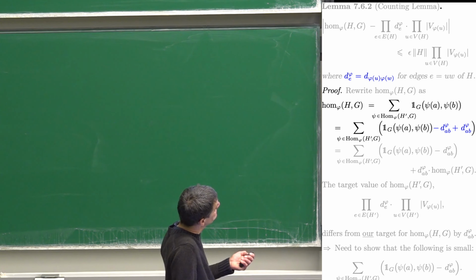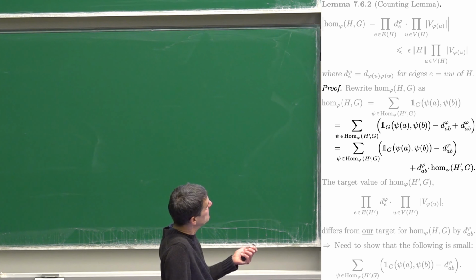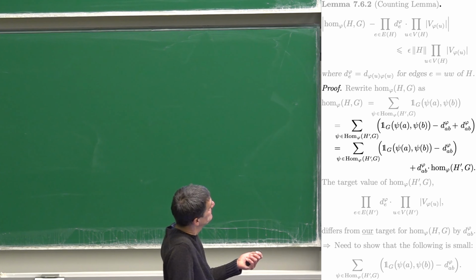We subtract and then we add it again so that we don't change anything. And now we rewrite this extended sum by lumping the minus d phi AB together with this funny indicator function 1, and taking the plus d phi AB out.